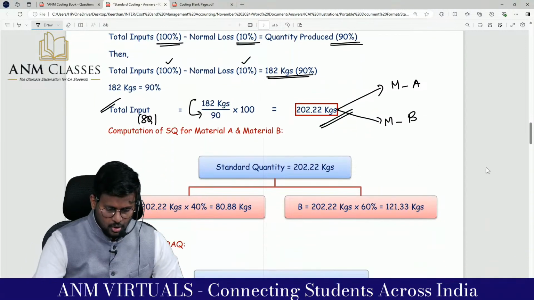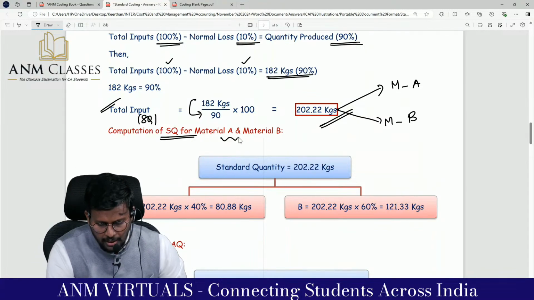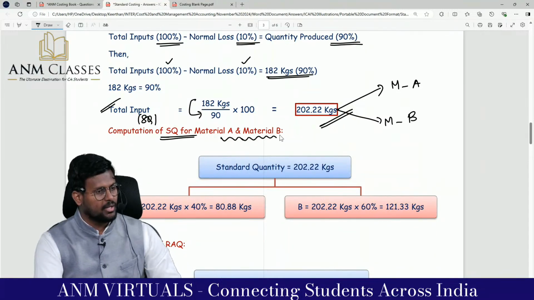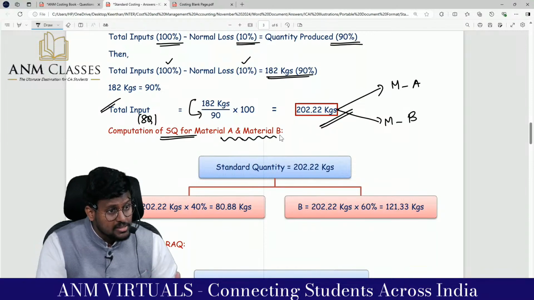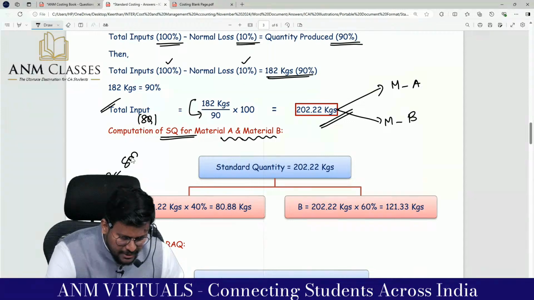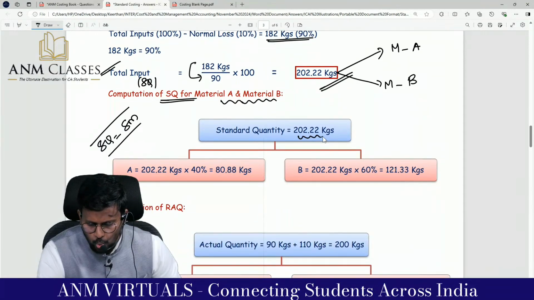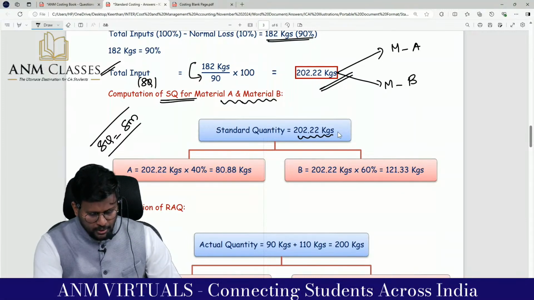So computation of standard quantity for material A and material B. This should be in the standard mix. Standard quantity is equal to 202.22 kg.